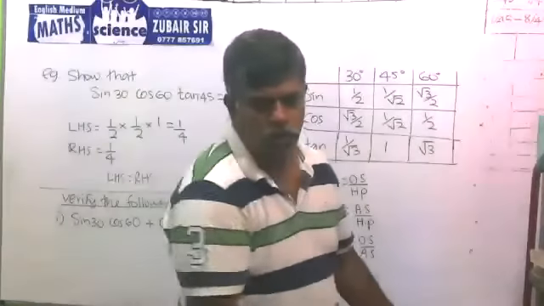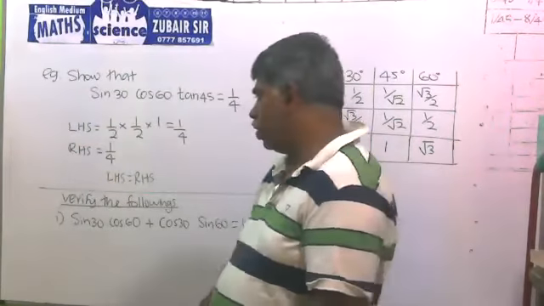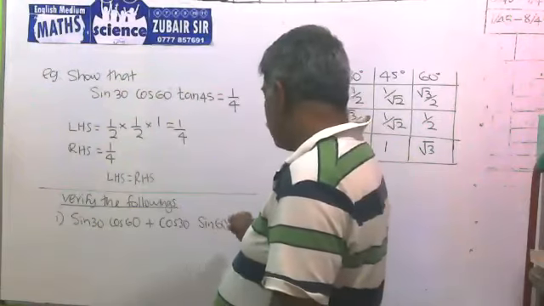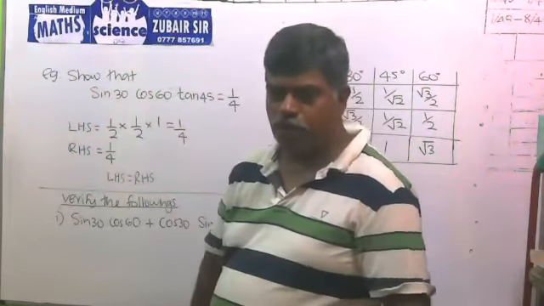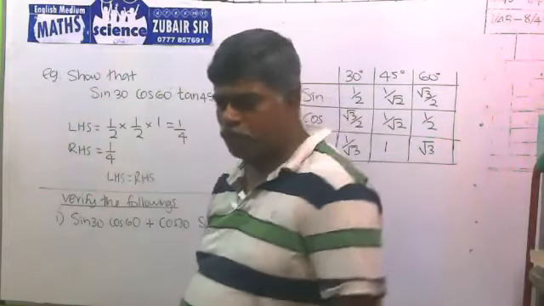So you have to show the left hand side value and right hand side values are equal. Sin 30 cos 60, then cos 30 sin 60 equal to 1. So follow the same system and see whether it is possible.